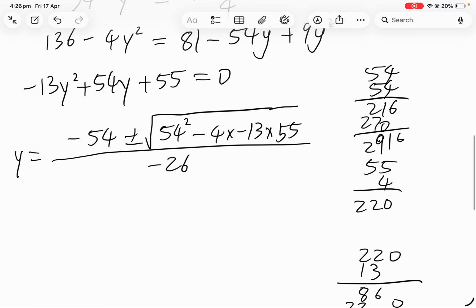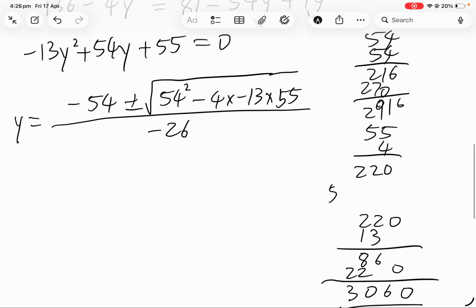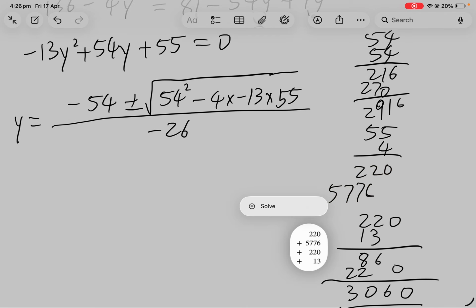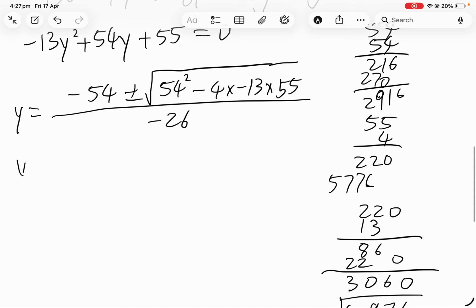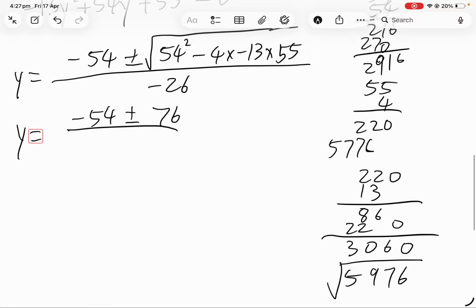Okay, I did something wrong. I have to square root that. Square root of 5776 is 76. So y equals negative 54 plus or minus 76 over negative 26.